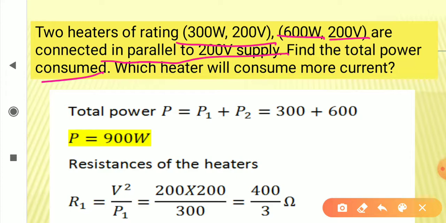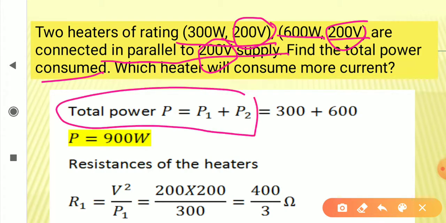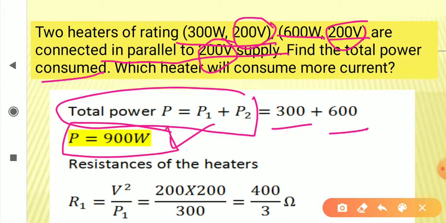Right, so first thing, they both are designed to work at 200 volt, and they are connected to a 200 volt supply only. So for the total power consumed, we just learned that in parallel combination they are simply added up. So you get 300 plus 600, that is 900 watt. So the total power consumed in the circuit is 900 watt.